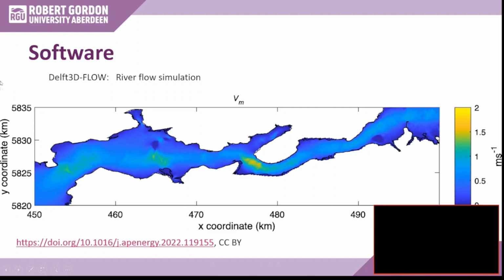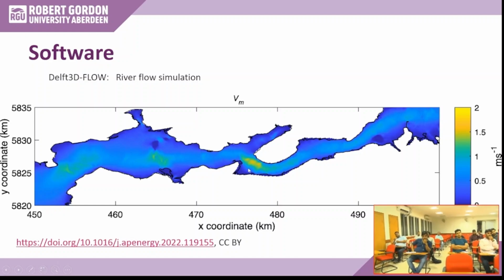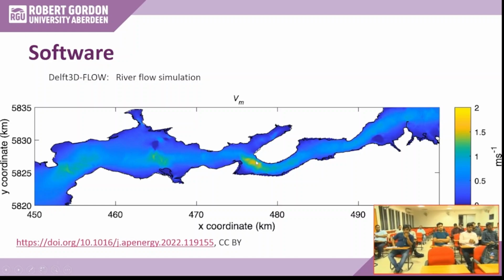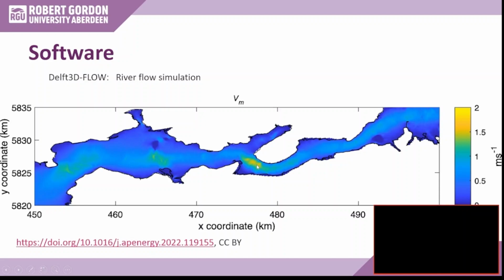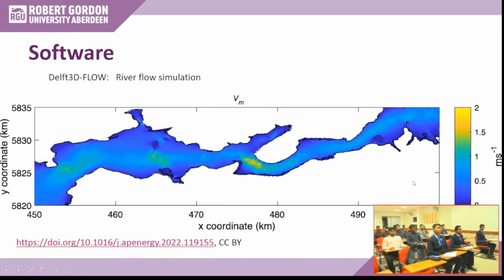Yeah, the width of the river, x, y, length and width. Then you can say the velocity here is maximum 2 meters per second. Maybe this is a good place to put your hydrokinetic turbine.